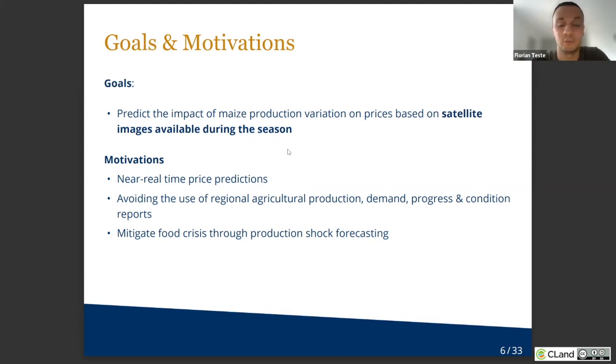It will make it possible to avoid the use of third-party data reports on the crop condition, on the crop production, on the demand, and maybe ultimately you might even be able to anticipate food crises, because if you are able to anticipate production shocks, you might be able to anticipate food crises.